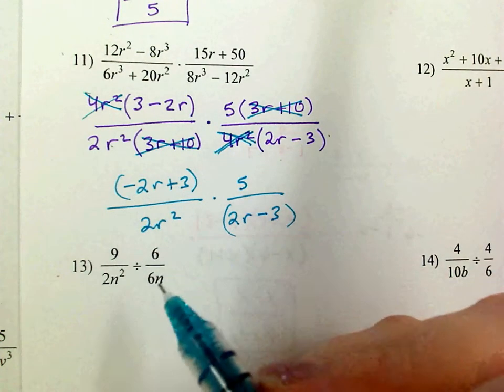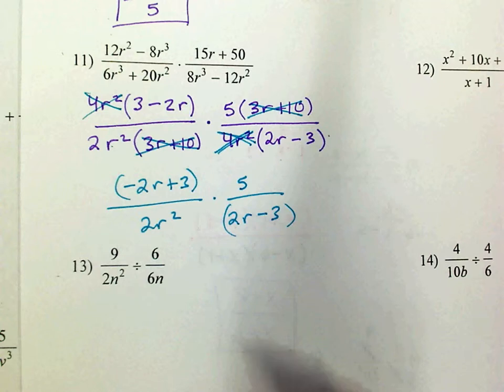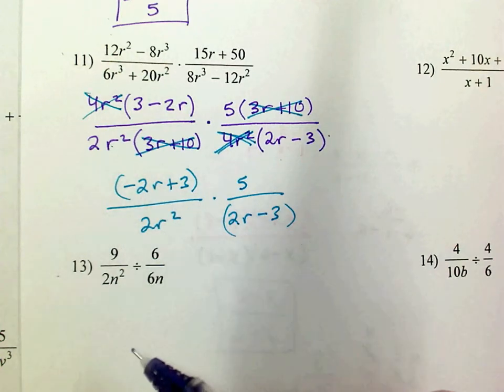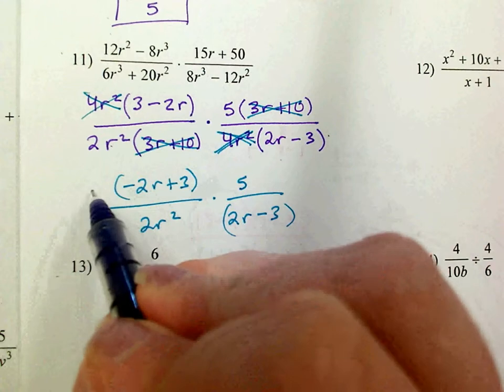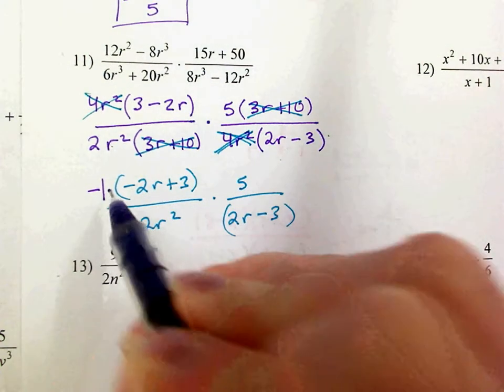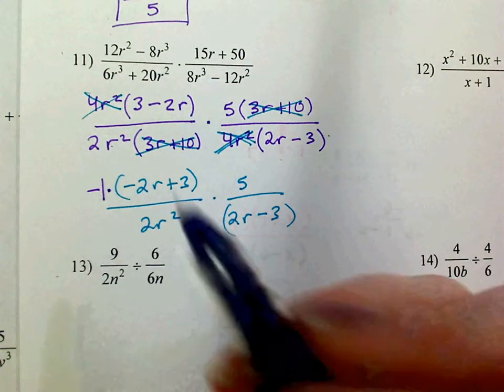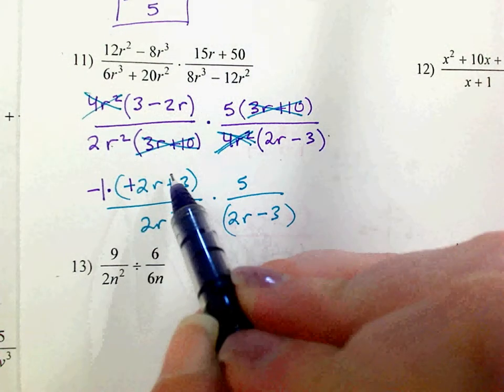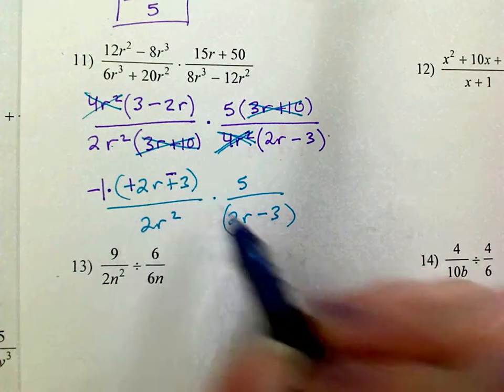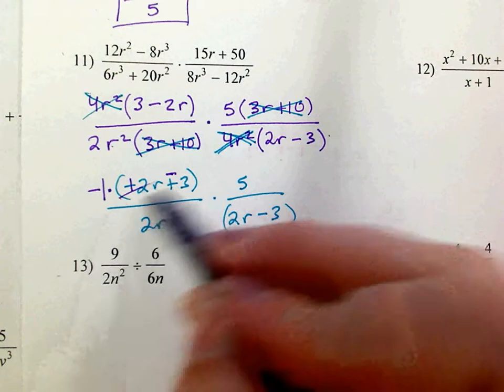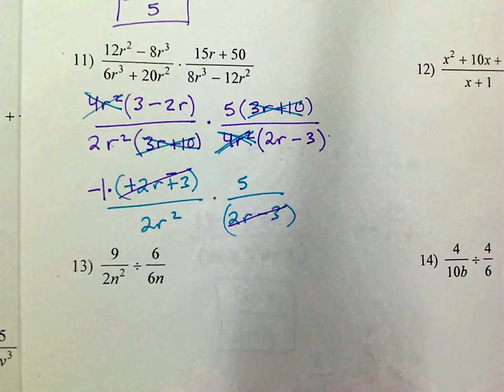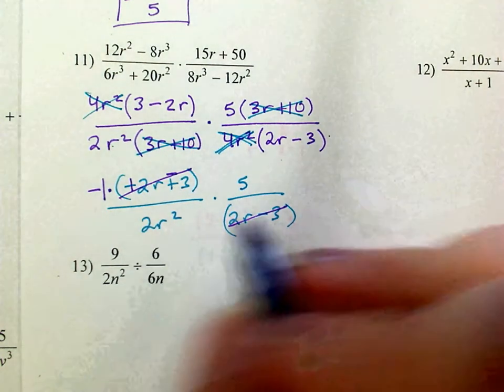What could I do to make this the same as that? Right, so basically it's like factoring out a negative, or just changing the signs. If I factor out a negative, I make this positive and make this what? Negative. So what can I do with these two now? Don't forget the negative.